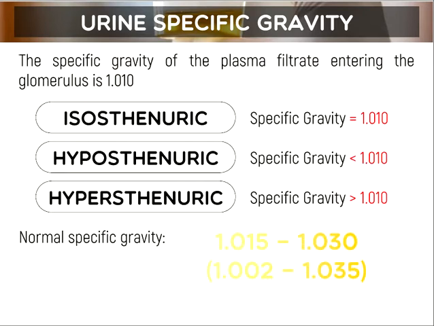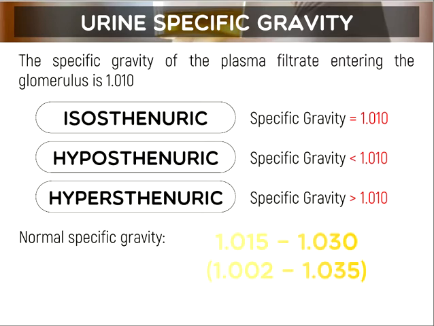Specific gravity can be determined by direct and indirect methods. Different instruments are used to test the specific gravity of urine, which we'll discuss later on. The specific gravity of the plasma filtrate entering the glomerulus is 1.010. An Sg equal to this is termed isosthenuric. Don't forget there is an S in it.